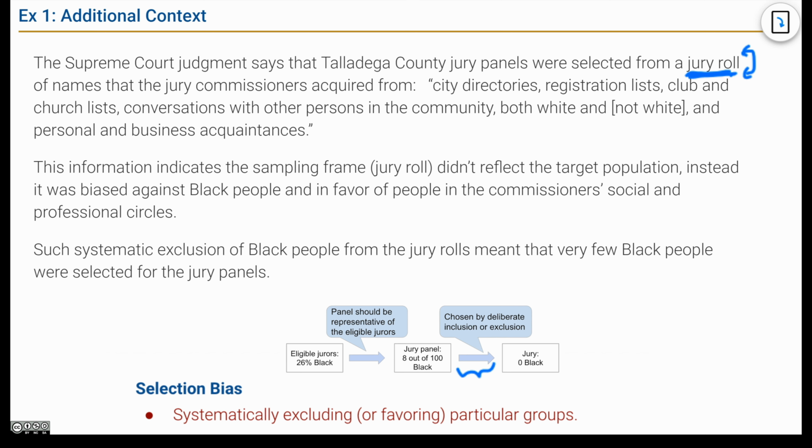We are going to see that unfortunately it's not guaranteed that juries are still free of this problem. In spite of all of this work we've done, racial bias in jury selection still does persist. And we're going to see in another example a more recent case of this in a California county.